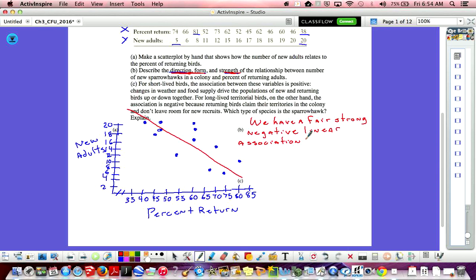between, and then this is where we want to put it in the context of the problem.